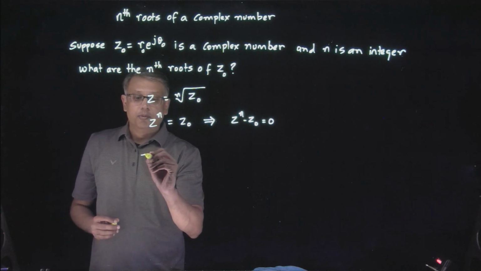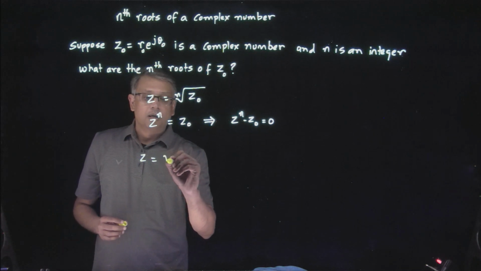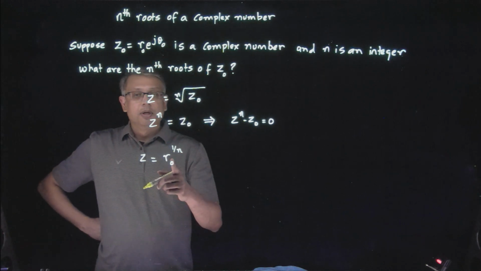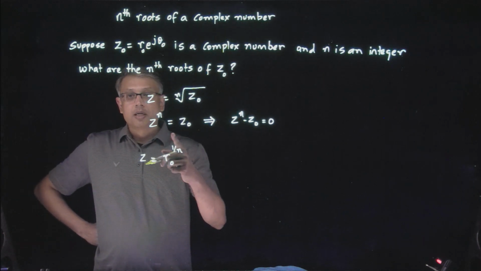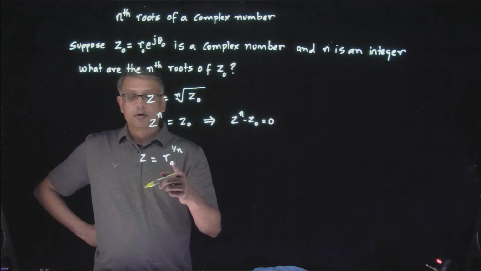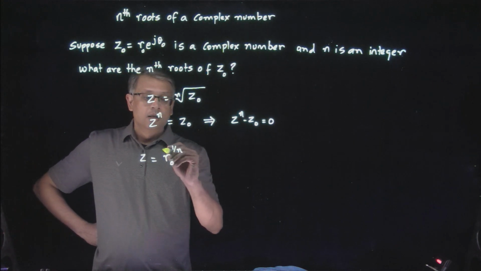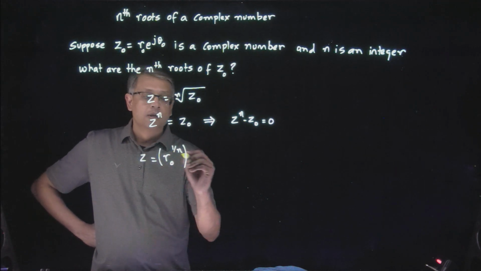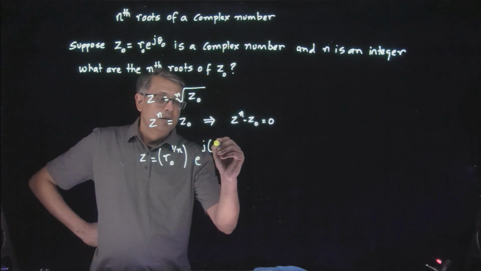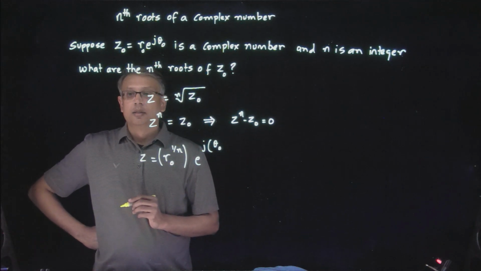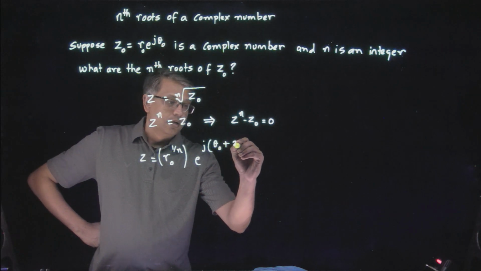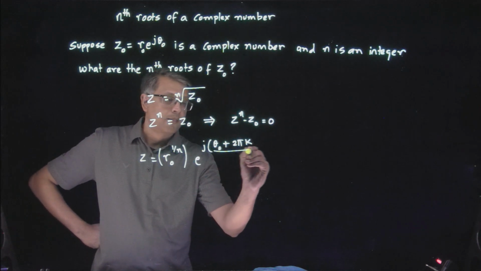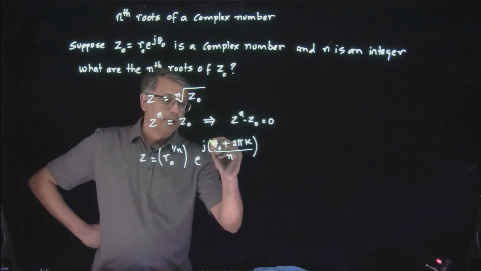If you pick z to be r0 raised to power 1 over n, keeping in mind that you take only the positive nth root of a real number, then that becomes the magnitude of each of the roots, and you take the angle theta naught and you add 2 pi times k and you divide this whole thing by n.